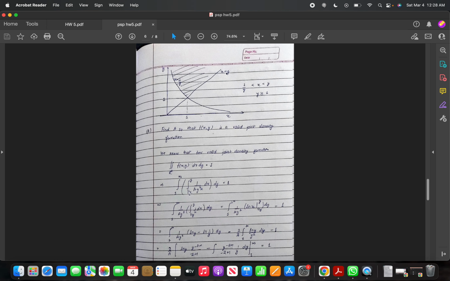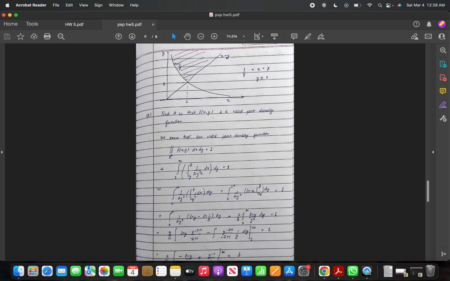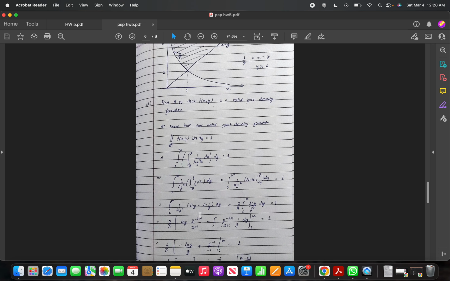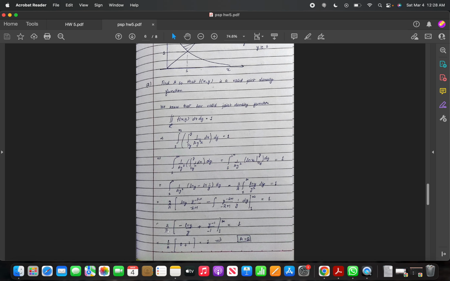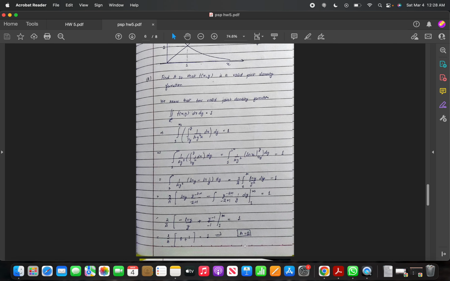And if we see the limits of the integral, for x it will be from 1 by y to y, and for y it will be from 1 to infinity because y is greater than or equal to 1. And once we solve the integral, we can see that a will come out to be equal to 2.